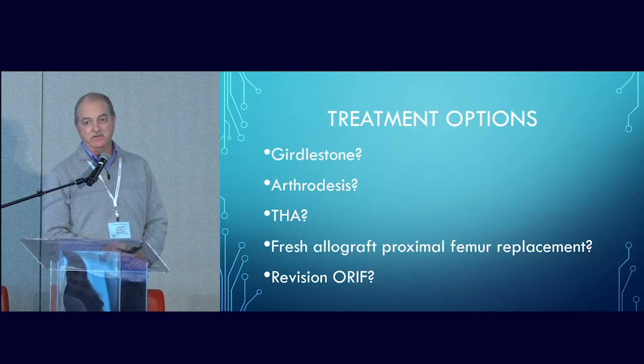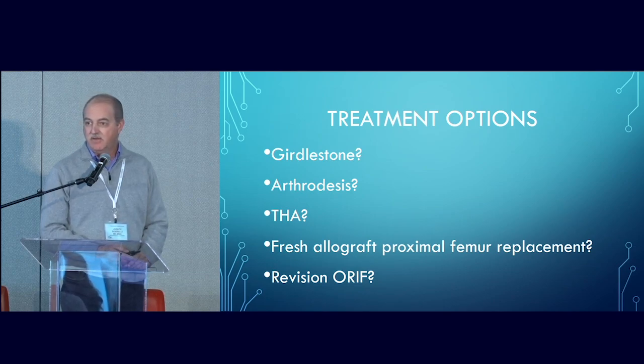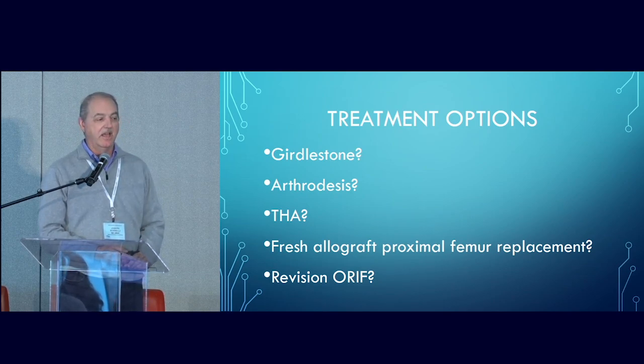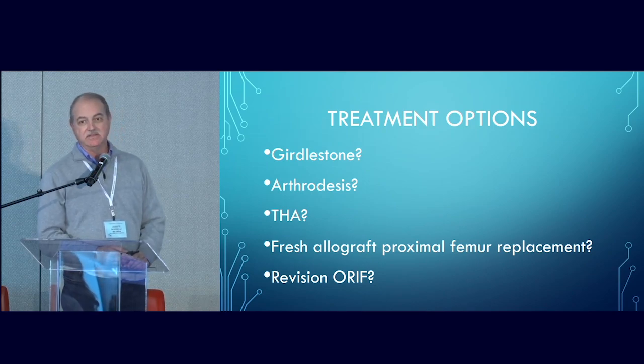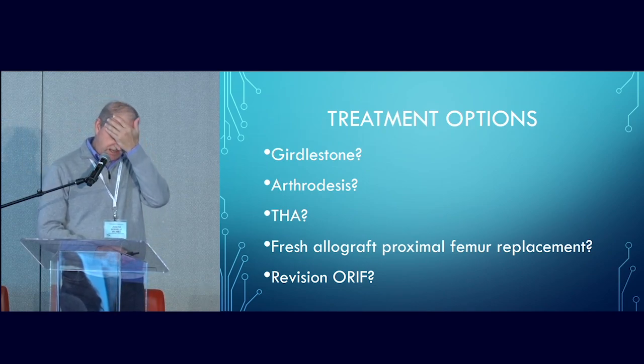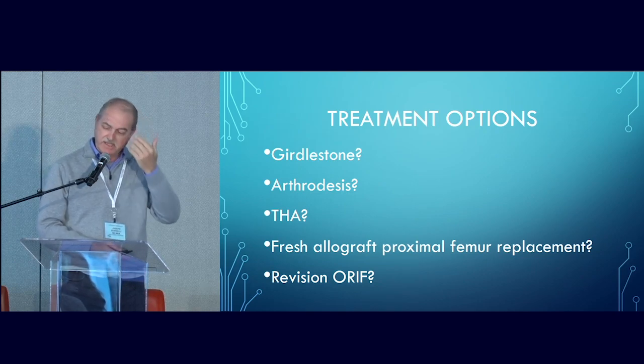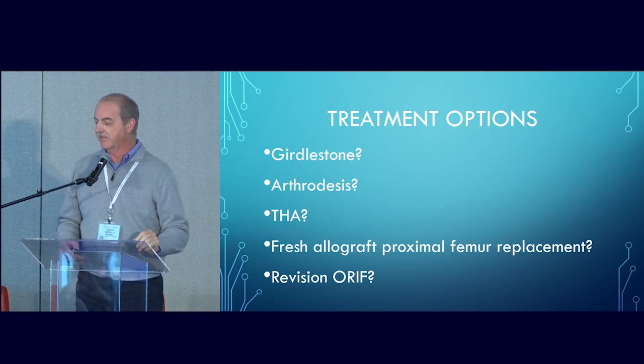A Girdlestone, it's always a fallback operation, if you will. You tell the patient, I'm just going to take your femoral head out and you're going to be left without a hip. I did have a kid who I think suffered a head injury when he fell down an elevator shaft.